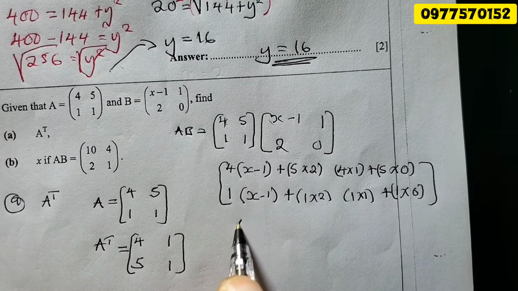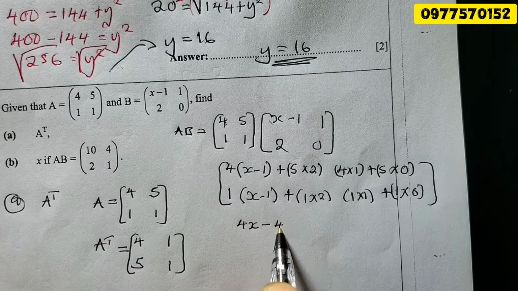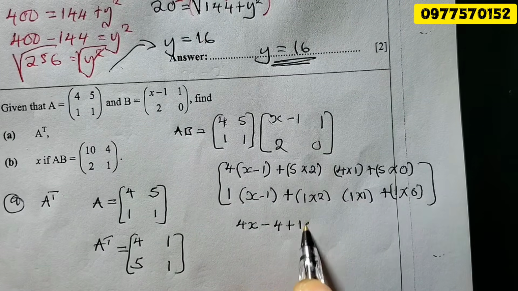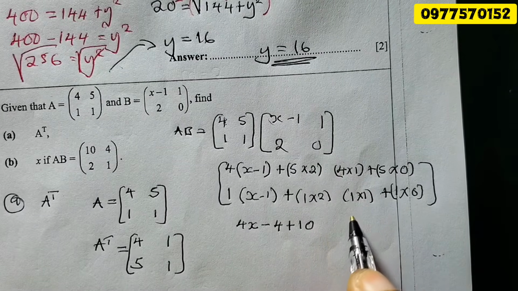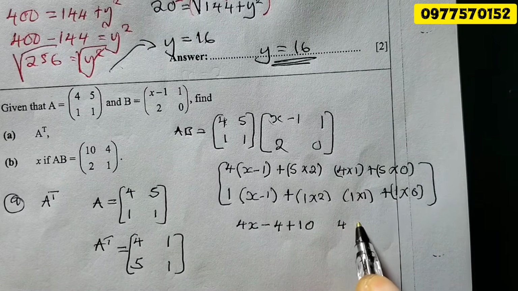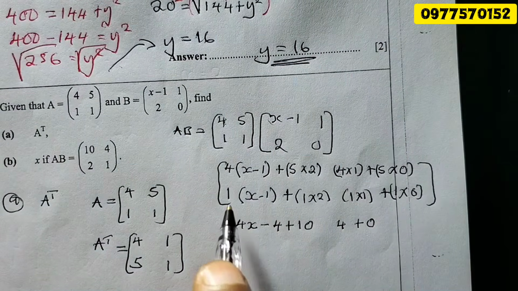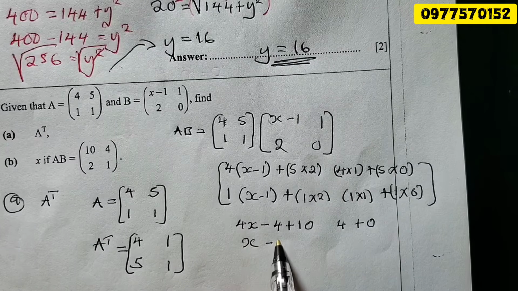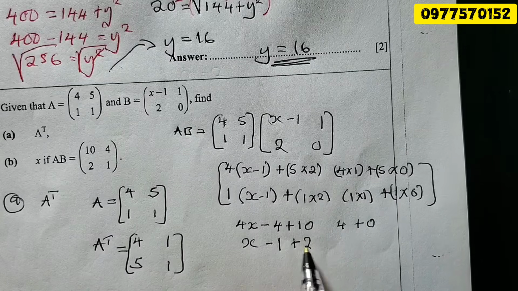4 times x is 4x. 4 times negative 1 is negative 4, plus 10. Then on this side we have 4 times 1 is 4, plus 5 times 0 is 0. Then 1 times x minus 1 won't change anything, it will be just x minus 1, plus 1 times 2 is 2.